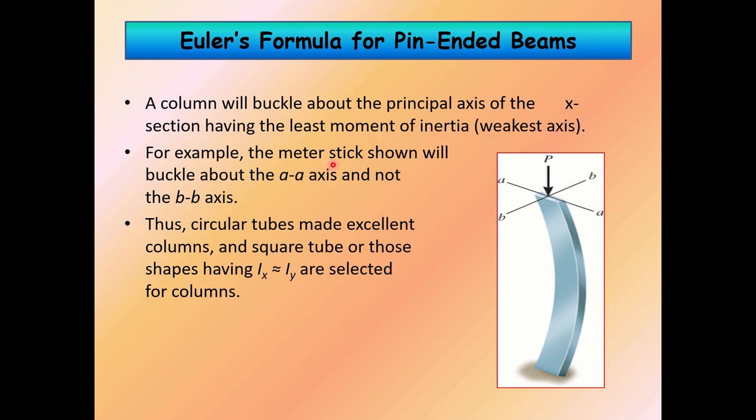For example, it is shown buckling about the A axis, not the B axis. So the circular tube is an excellent column, and the square tube also, as the moment of inertia at the X axis and at the Y axis are the same.